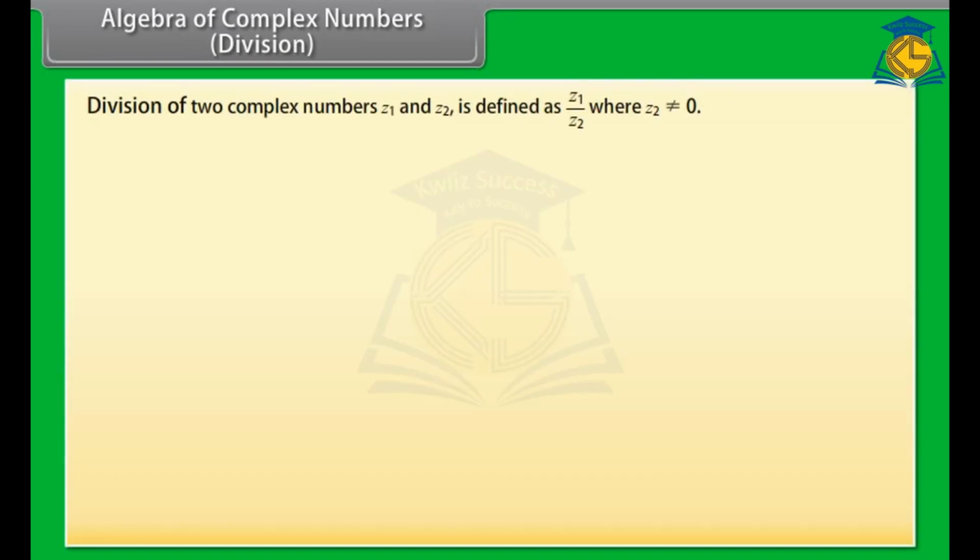Division of two complex numbers Z1 and Z2 is defined as Z1 by Z2, where Z2 is not equal to 0. Or we can write Z1 by Z2 is equal to Z1 into 1 by Z2.